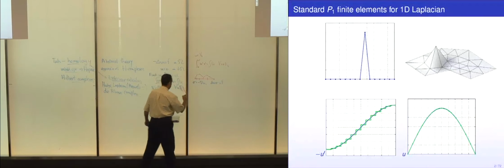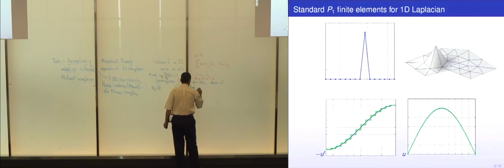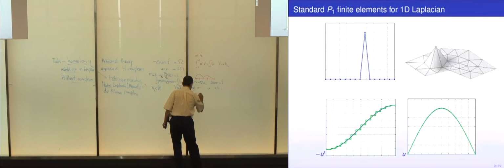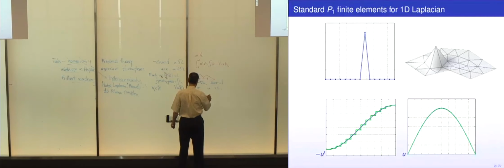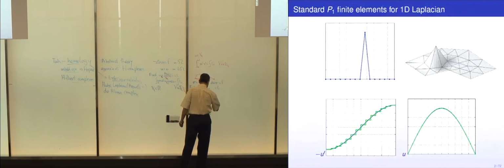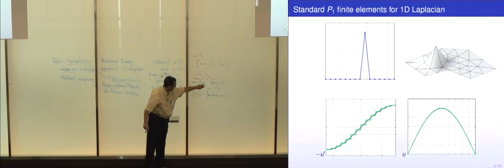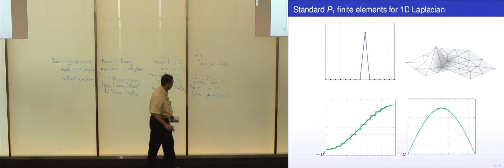That would be to find a sigma and a u such that the integral of sigma tau, trying to get my signs right, minus the integral of u div tau equals 0 for all tau. This equation we got by multiplying the first equation with a test function tau and integrating this term by parts and using the fact u is 0 on the boundary. So we already have the boundary condition in here.